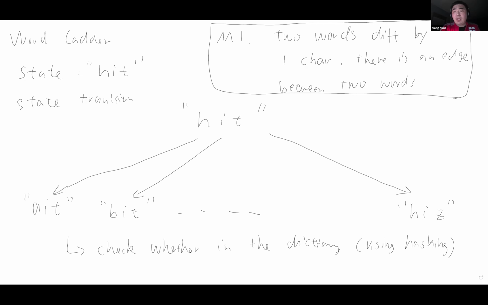Let's think about how many. Of course, this will depend on how many are actually valid moves. But if you think about it, in the worst case, what would be the number of possible neighbors? Essentially, each character can be replaced by the other 25 different ones. So that's 25 multiplied by the length of the word.